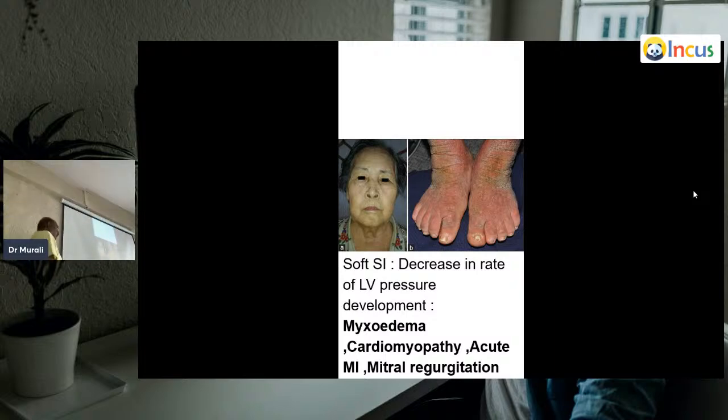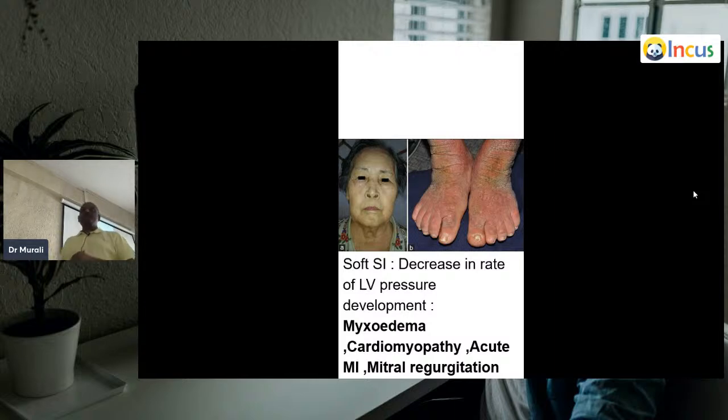Understand? So anything that decreases the rate of the building of pressure in the left ventricle, so the left atrioventricular pressure crossover is very slow, that is the reason for soft S1, is what you need to basically remember.